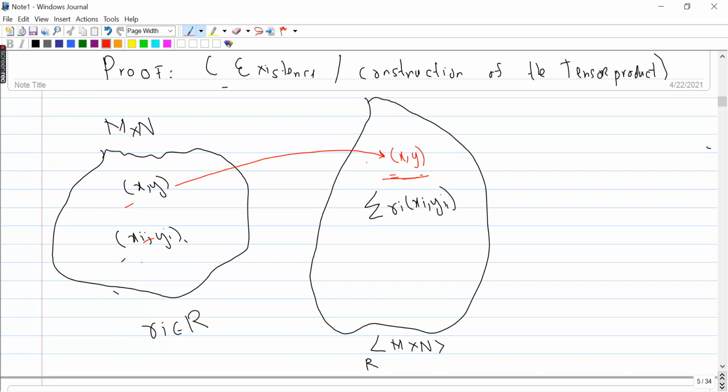Okay, so now what is the third point that I want to construct?